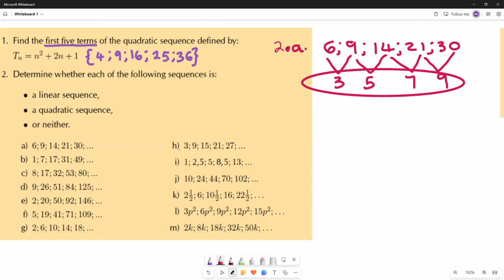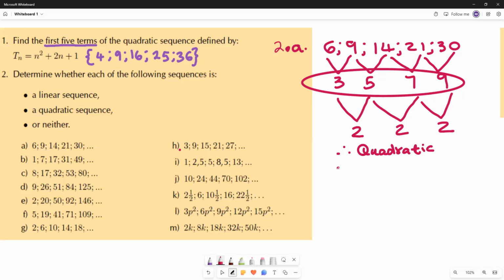So I'm going to do the second differences now. 5 minus 3 is 2, and I know that everything is 2. Therefore, if they say show that, you always need to prove. Therefore, you're going to say quadratic, and then you give a reason.